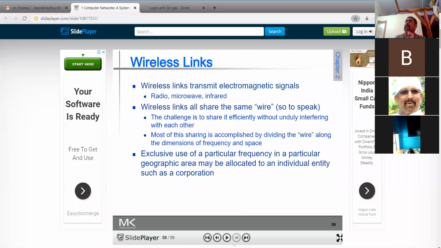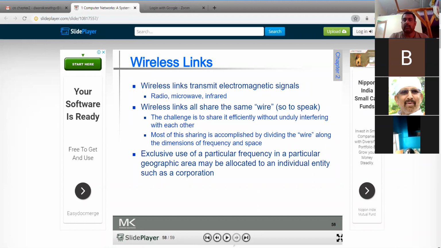For example, assume 5 megahertz it's working. So 1 megahertz or 0.5 megahertz will be given to one person, again 0.5 megahertz will be given, like that. With 5 megahertz, 10 members can be taken into consideration.